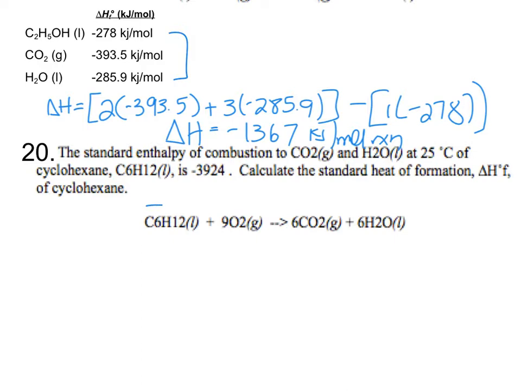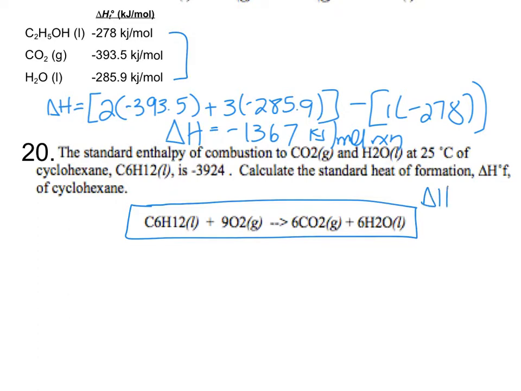If you look, this equation is the heat of combustion. So the whole equation has a delta H of negative 3,924. Again, this says standard enthalpy of combustion of C6H6. That is the equation describing what that problem is saying.